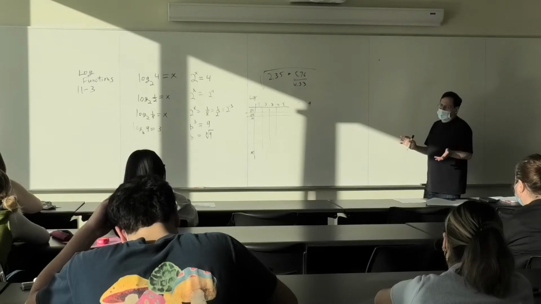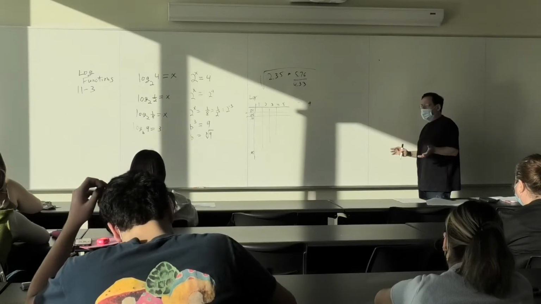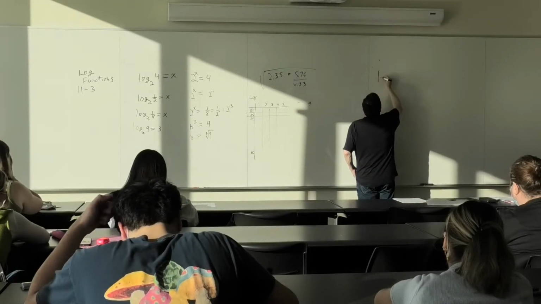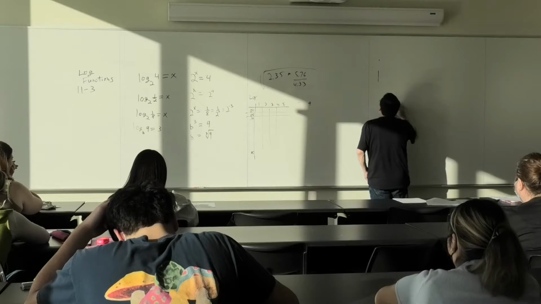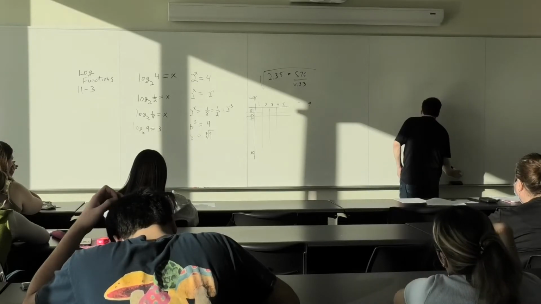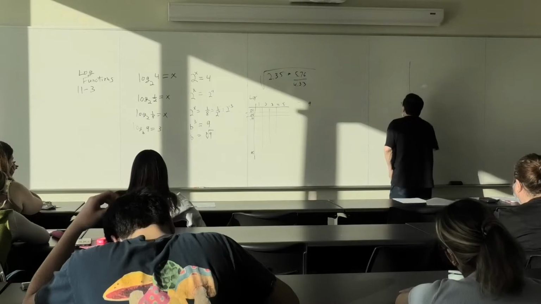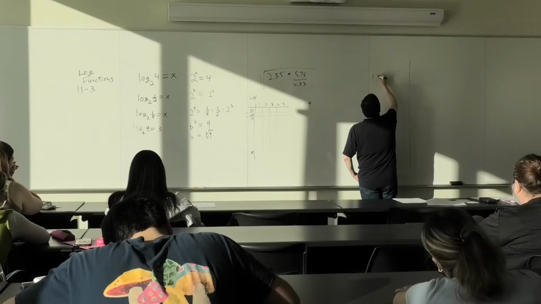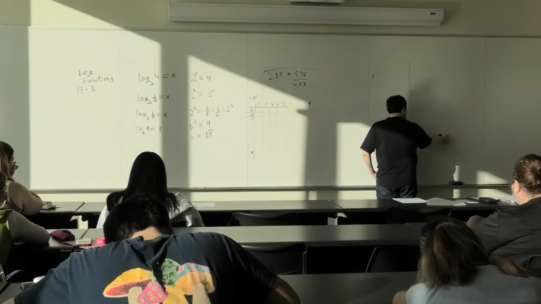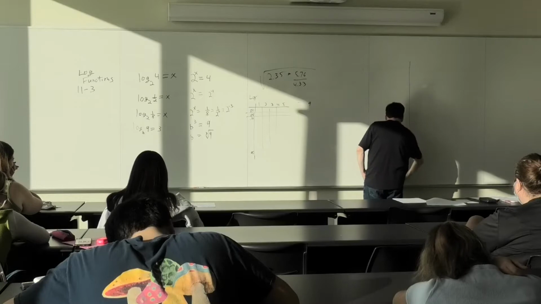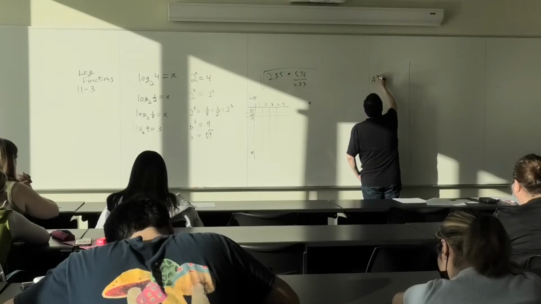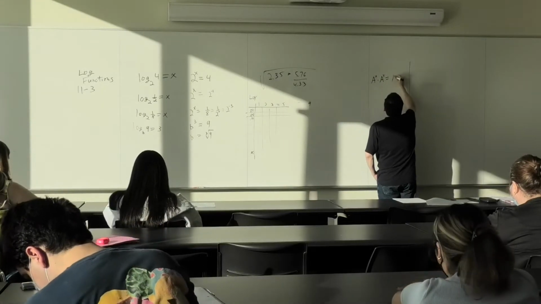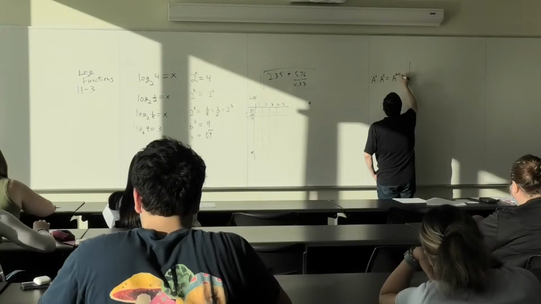We have certain rules for dealing with logs. There's a few of them. I'm just going to go over them really briefly. The way I want to do it is next to the exponential form. So we have a law of exponents that goes something like this: b to the x times b to the y is equal to b to the x plus y, right?